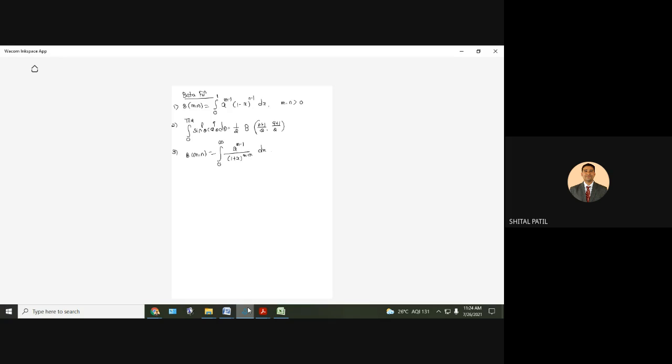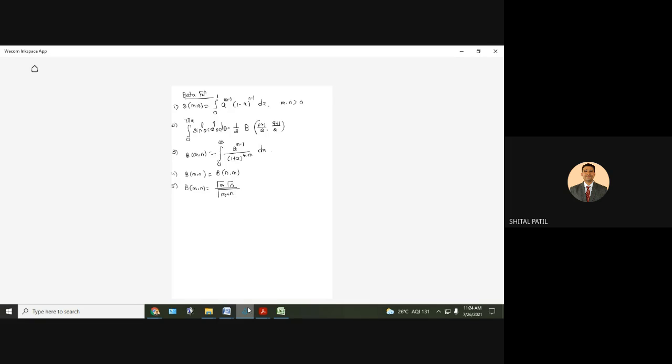Okay, then beta function is always commutative. That is, beta(m, n) is always equal to beta(n, m). Beta function is commutative. Okay, then we studied what the value of beta function is. Beta(m, n) equal to gamma m gamma n divided by gamma (m plus n).